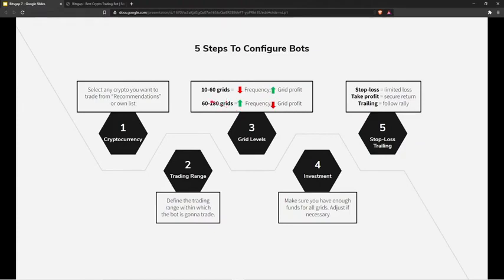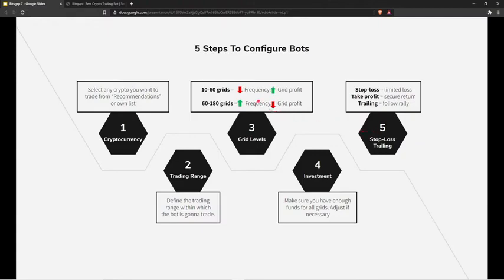So how this affects the frequency rate of trading for the bot, and the investment allocation, so how to find the proper amount to allocate to meet your risk management requirements, and basically what the instruments are to limit your loss and to secure your return in the short term, mid-term, and long-term perspective.